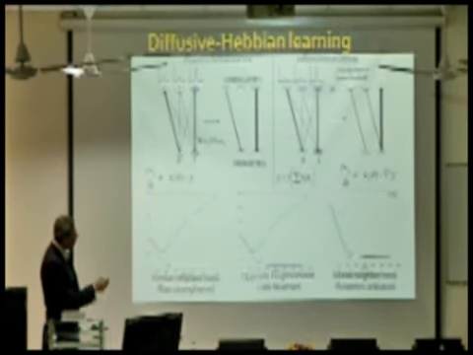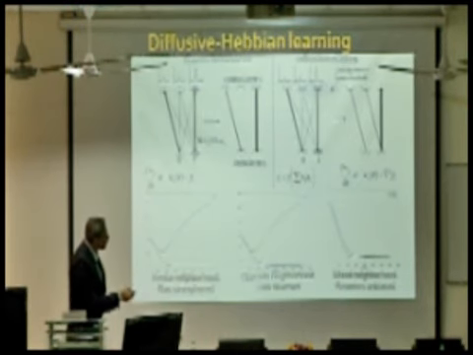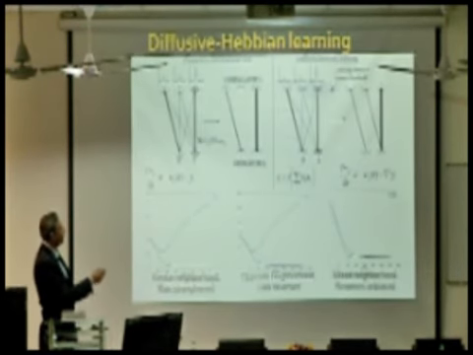So we used this as a model. Instead of isolated activity, we introduced what are called diffusive chemicals coming out of an active neuron to create a Hebbian learning, which we define as diffusive Hebbian learning, as opposed to isolated competitive Hebbian learning.